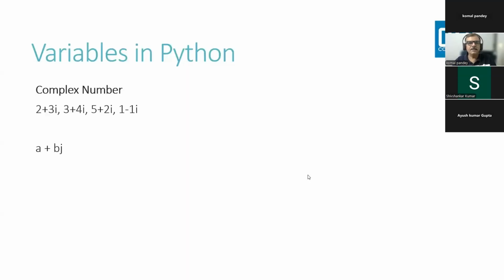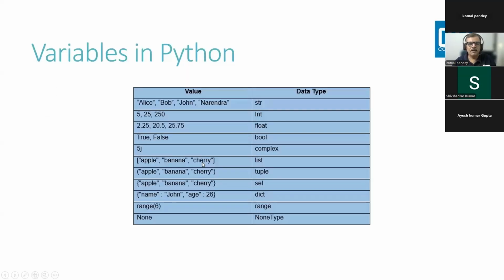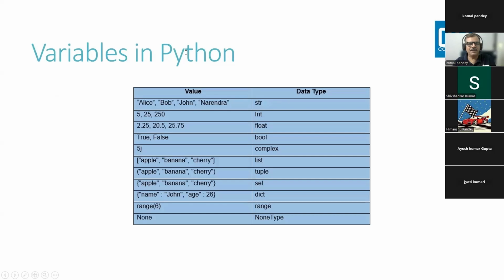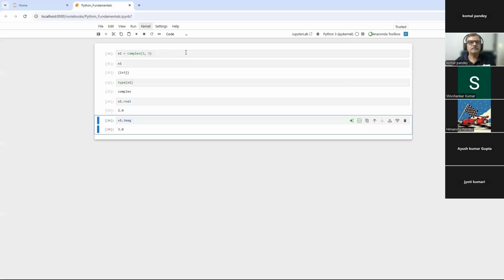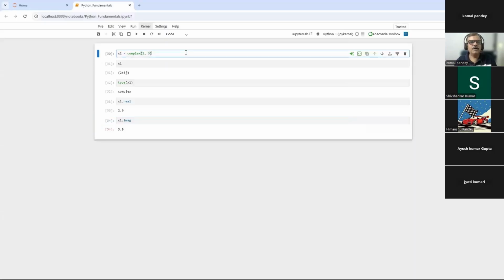Next data type is list. A list is always enclosed in square brackets. So x1, let's create elements: apple, banana, and cherry.